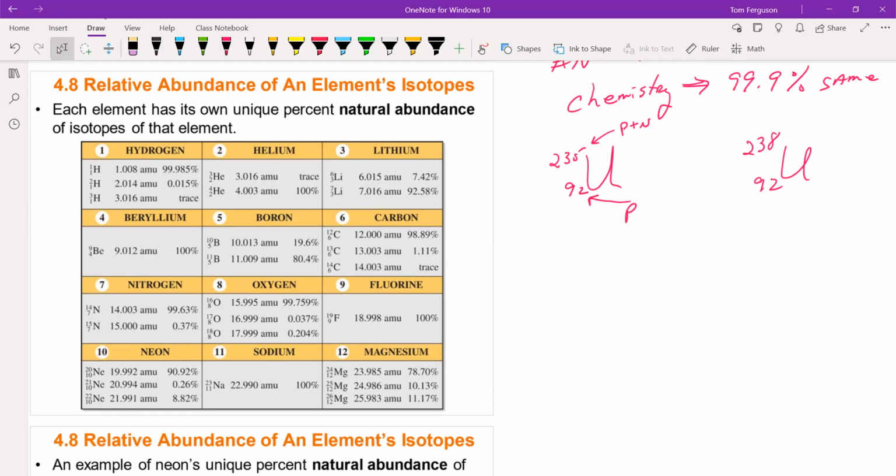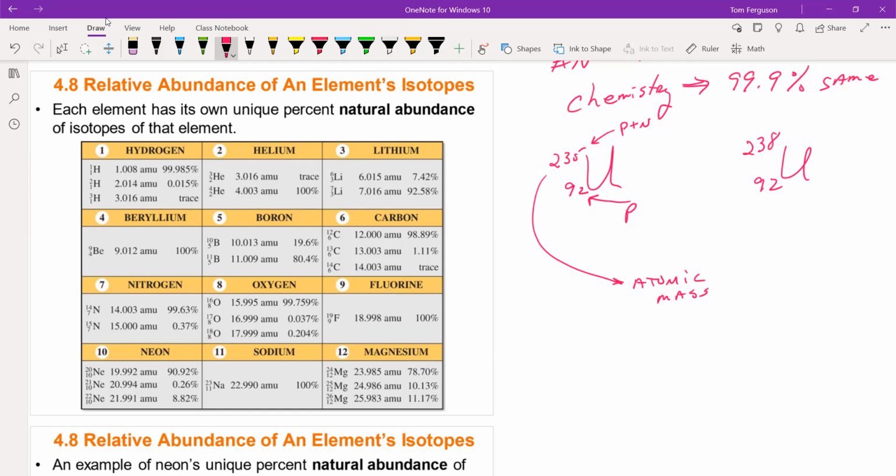And when we get into talking about the percents, we need to rename this top number. It's called the atomic mass. So the atomic mass, which is the sum of the protons and neutrons, for uranium-235 is 235. Atomic mass for uranium-238 is what? 238.